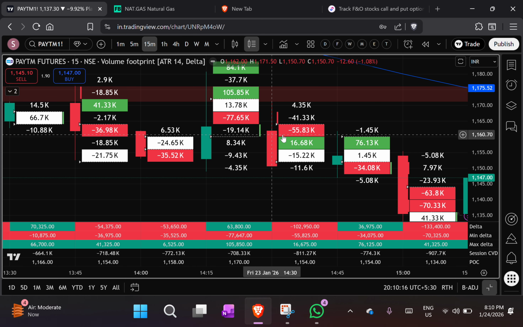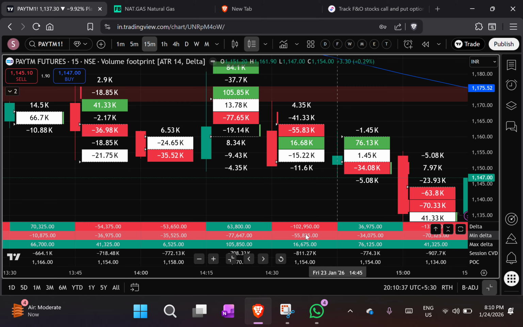Out of that, 55,000 is the aggressive sellers. Total delta is negative, and out of that, right at the opening price of the candle itself, 55,000 contracts were aggressively sold. And after that, the max delta is the buyers, and the main delta is the aggressive sellers.